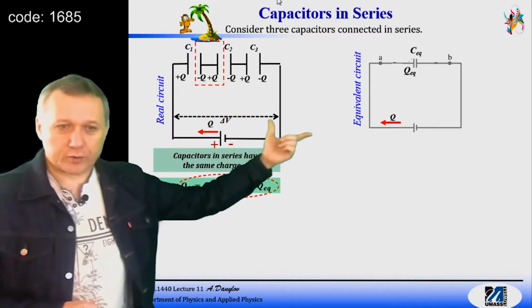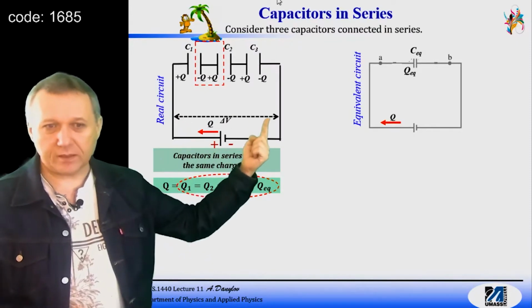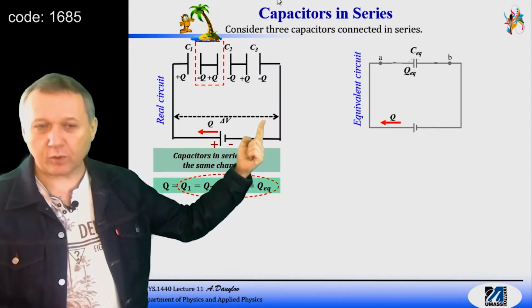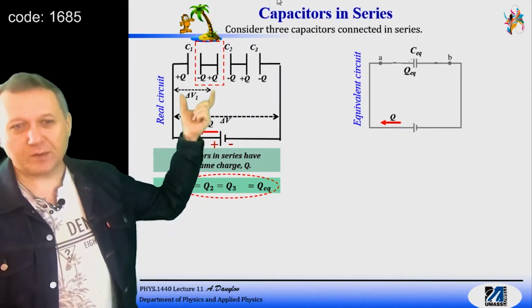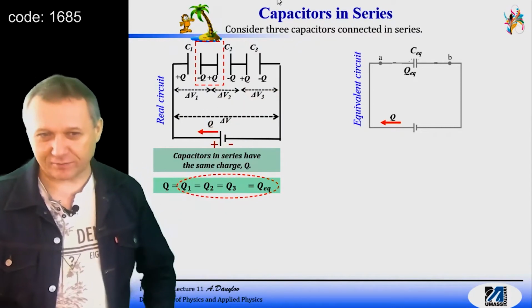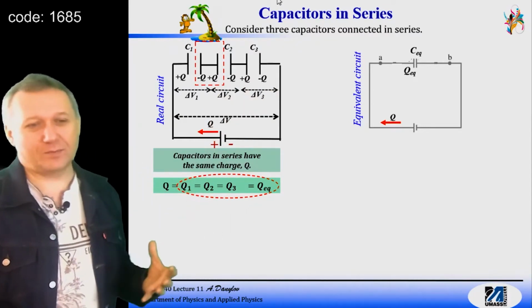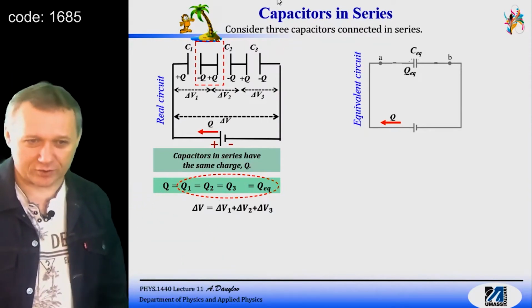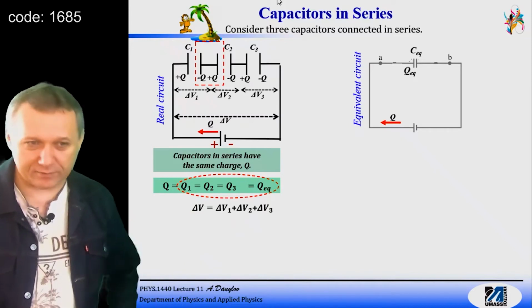Delta V across the whole circuit, provided by this battery, equals the sum of the potential difference across the first capacitor, delta V1, plus the potential difference across the second capacitor, plus the potential difference across the third capacitor. So as a result, this parameter gives us an equation: delta V equals delta V1 plus delta V2 plus delta V3.